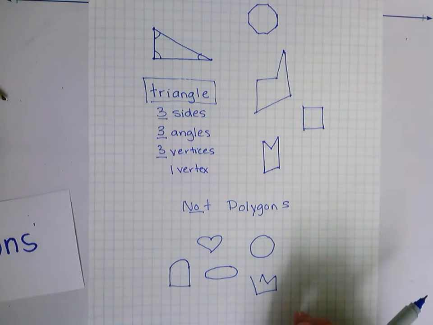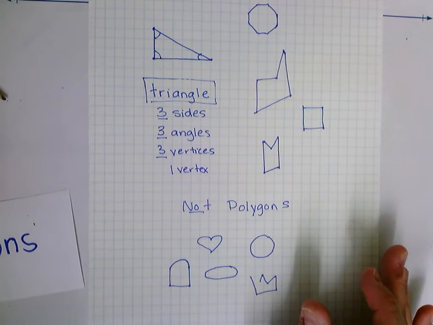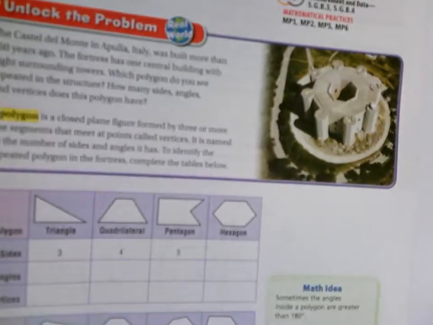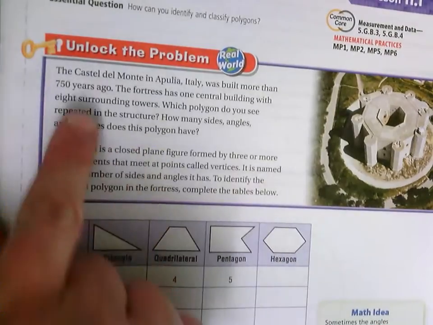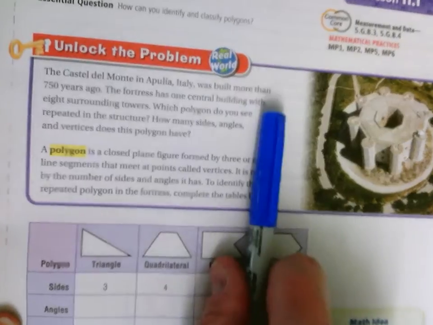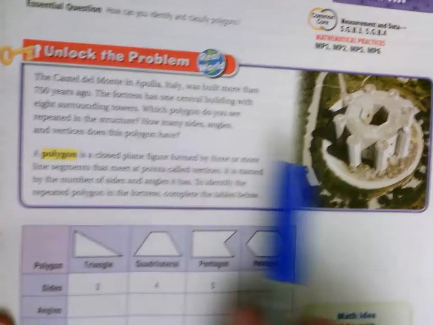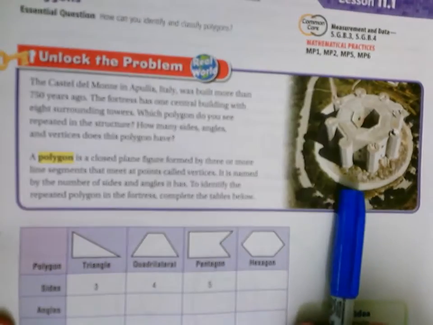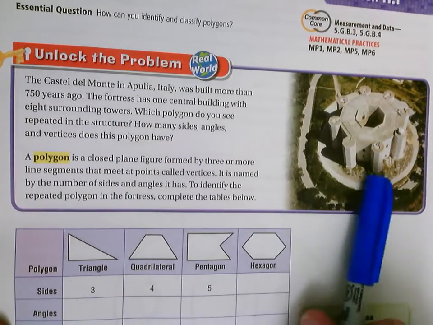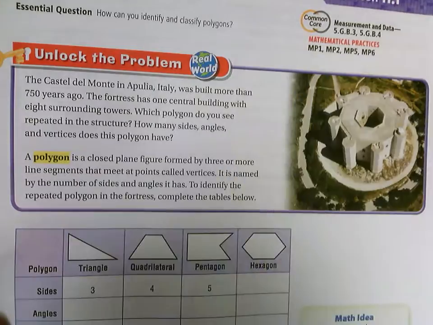All right, so we're going to look a little bit more at polygons. So let's take a look at our problem for today. All right, so here is our problem. It says the Castel dei Monte in Apulia, Italy, was built more than 750 years ago. Look at this cool castle. All right, this fortress has one central building with 8 surrounding towers.